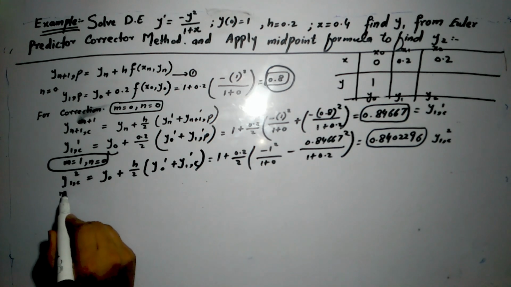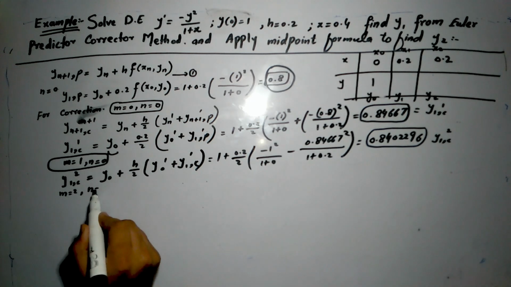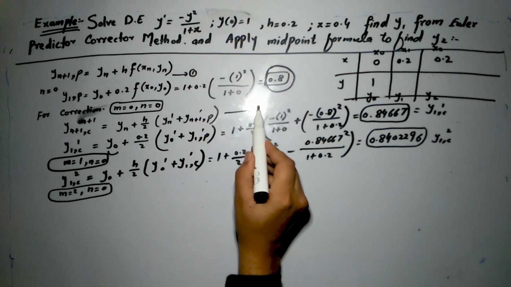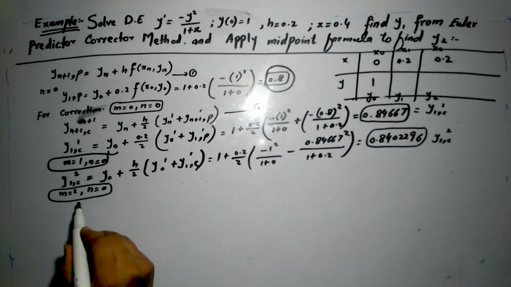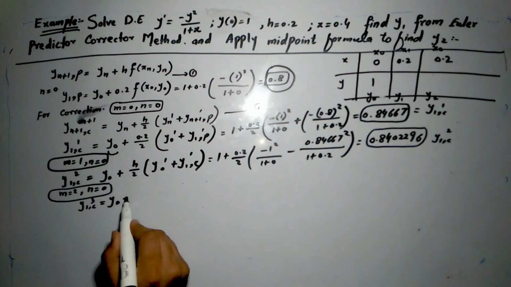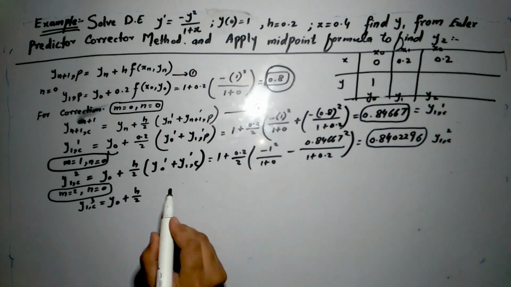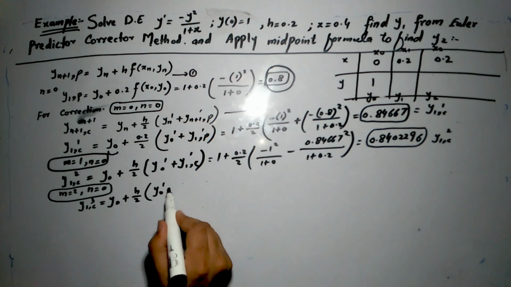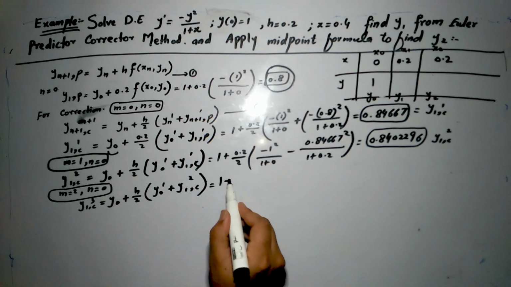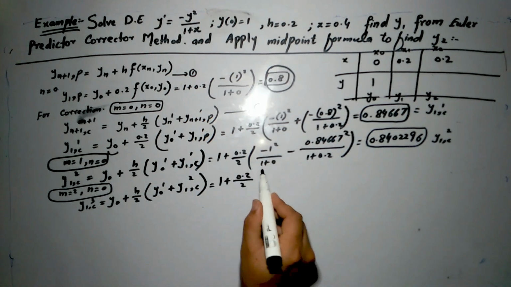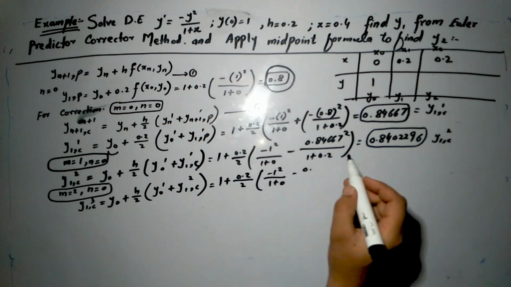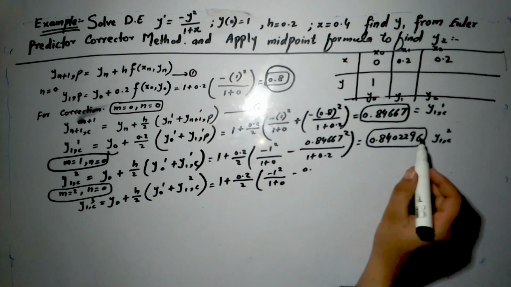n will be equal to 0 in equation number 2. So this will be equal to y1 of c3 will be equal to y0 plus h over 2, y0 prime plus y1 c2, which equals 1 plus 0.2 over 2, minus 1 square over 1 plus 0, minus. Now we will use this value y1 c2.